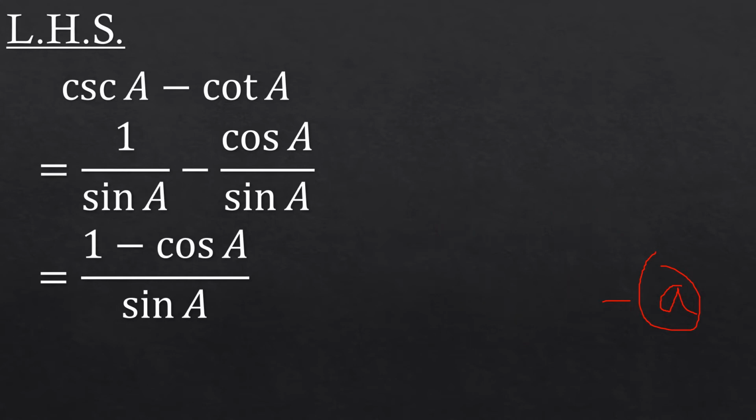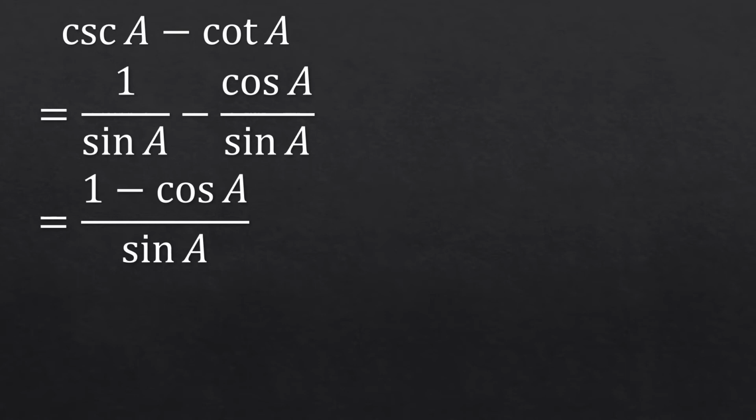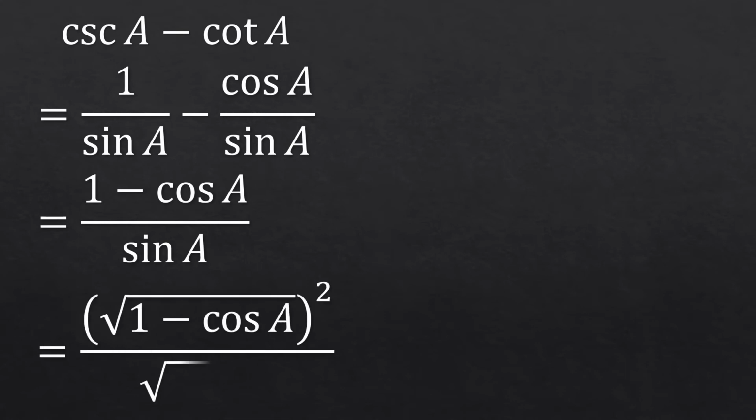So here 1 minus cos A, I can write as square root of (1 minus cos A) square. So the square of a square root means the same 1 minus cos A, right? Similarly sin A, I can write as square root of sin square A, that is the same sin A. I just modified their form so that I can apply some formulas here.